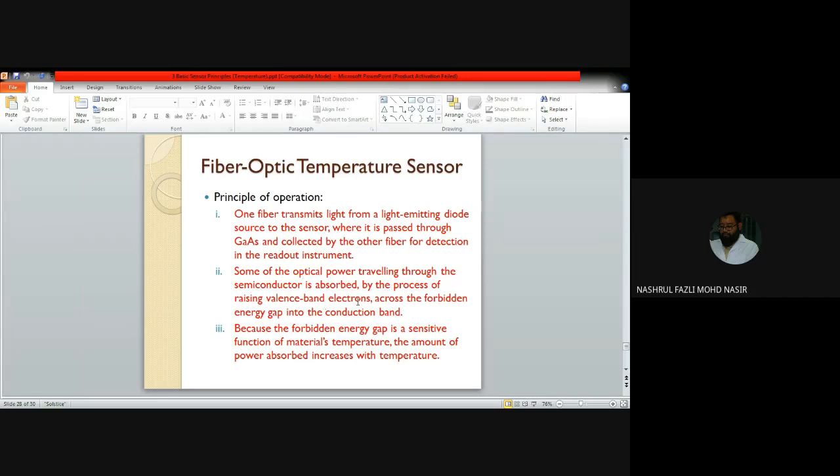So it is about the valence band of the electron, then the energy gap, and then the conduction band. So there's physics behind it, how you can apply this and how you get your measurement. Because the forbidden energy gap is a sensitive function of material temperature, the amount of power absorbed increases with the temperature. So this is how they relate.